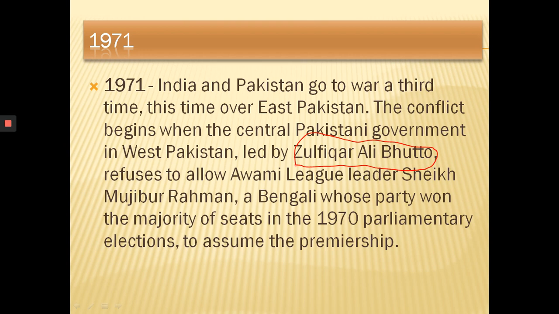This is the part I was talking about when Indira Gandhi thought of taking revenge. We already discussed Operation Gibraltar from Pakistan. This is the views of some writers. I don't know if it may be true or not, but that's what they thought. So this time, for the first time, there was a war between India and Pakistan, and Jammu and Kashmir was completely out of focus.